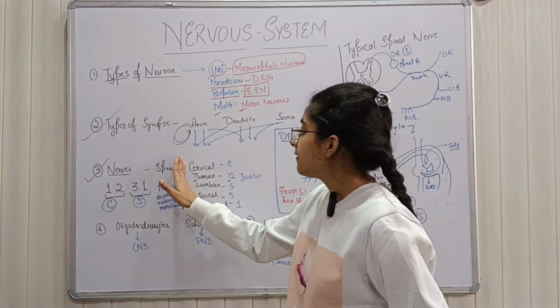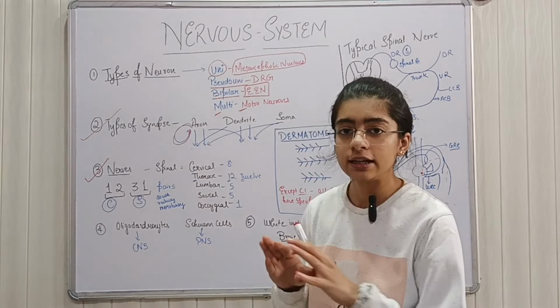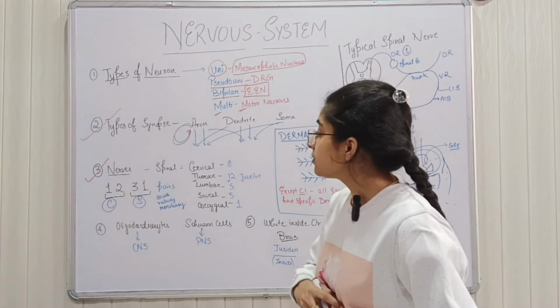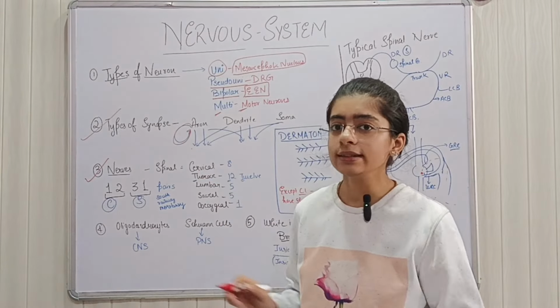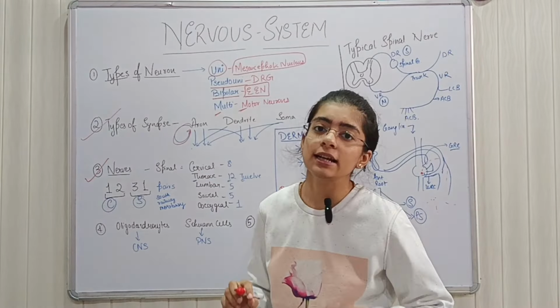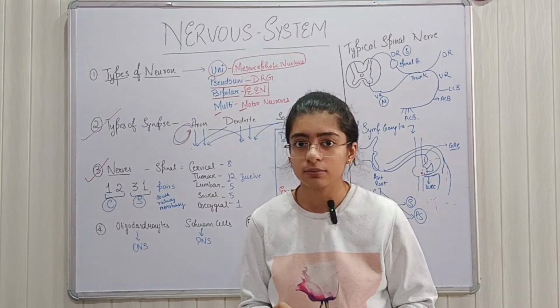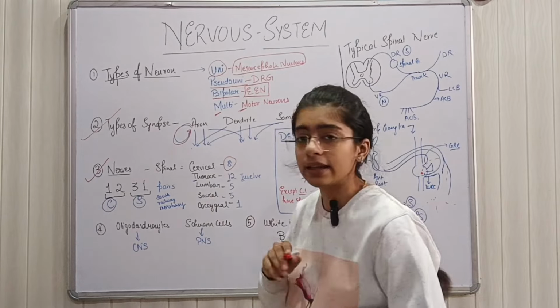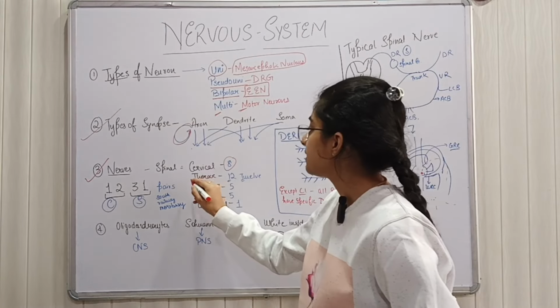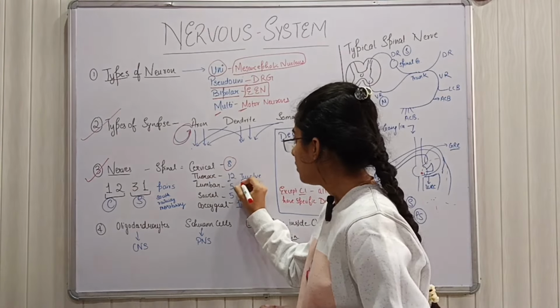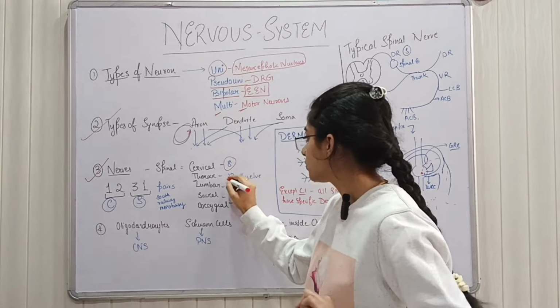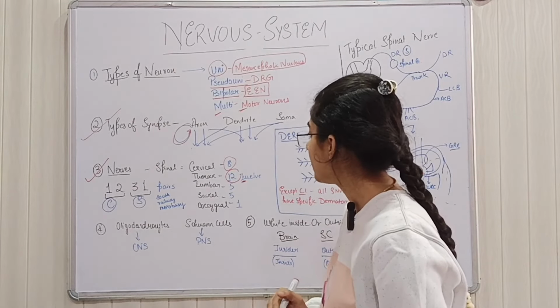Now, if I want to remember all the individual classifications, so in cervical, we just need to remember how many vertebrae are there, cervical vertebrae are 7 in number. So near to 7 it is 8, right? Now thoracic, T and 12 T. So it is 12 pairs, right?